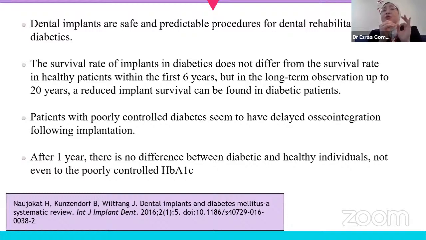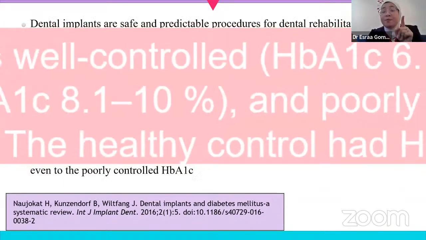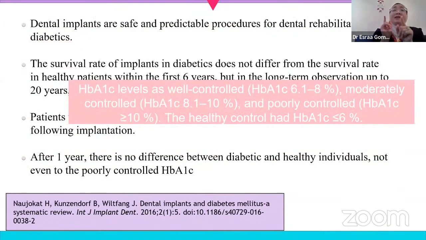The most important thing in this review is that a controlled A1C level from 6 to 8% will have a success rate up to 10 years. And this is very important. It's comparable to the normal patient.